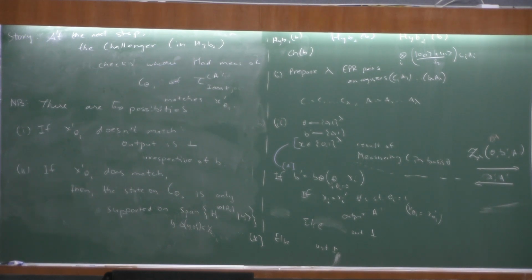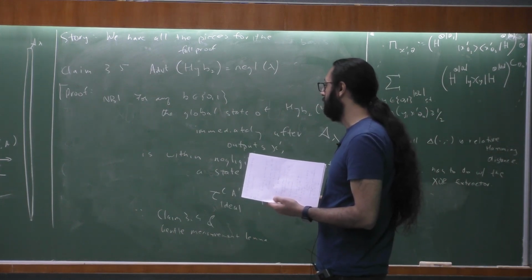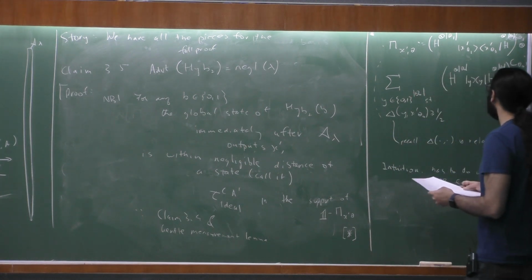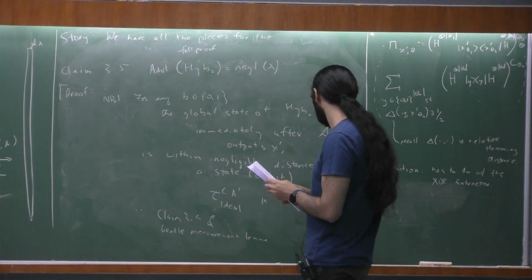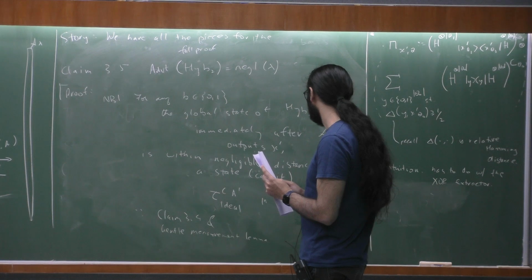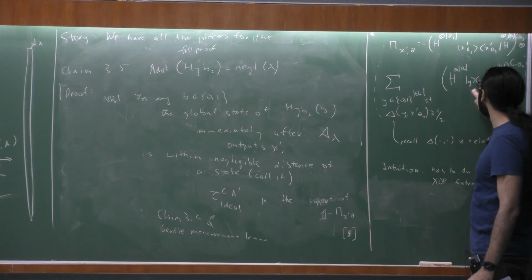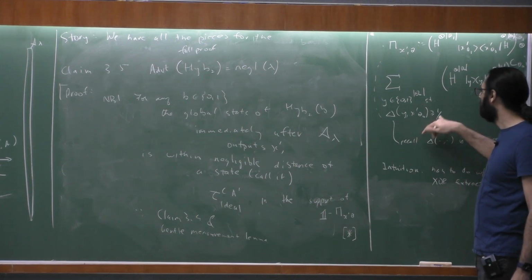So if it does match, then you're guaranteed that, because your state is in the orthogonal space, it could not possibly have had any y which was more than half.